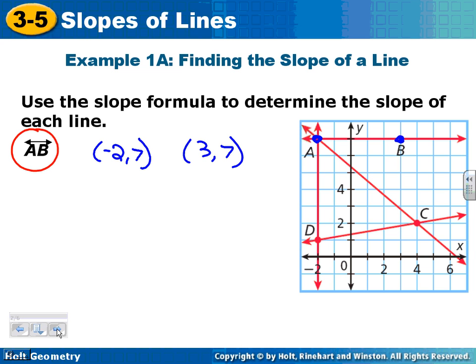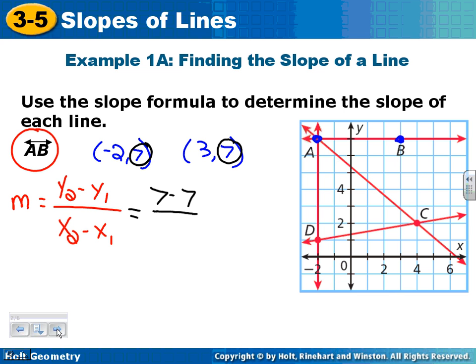Using those 2 ordered pairs, I want to plug them into my slope formula, which is the second y minus the first y over the second x minus the first x. So the numbers would be that 7 minus that 7 over that 3 minus that -2.